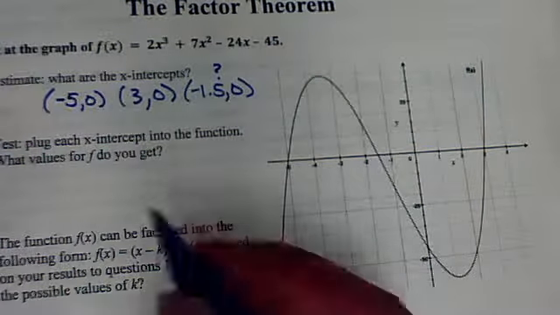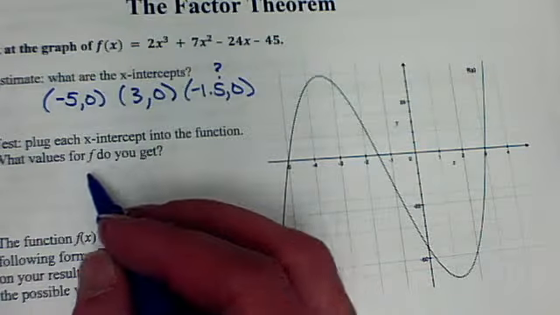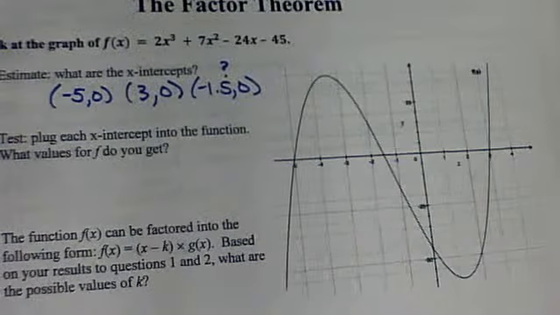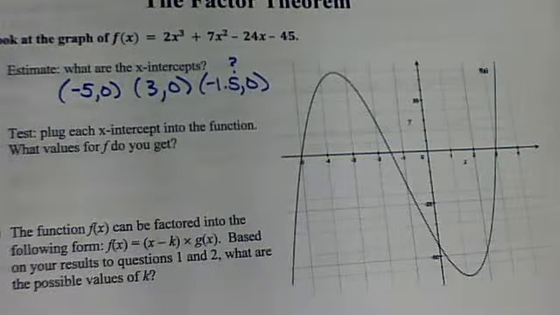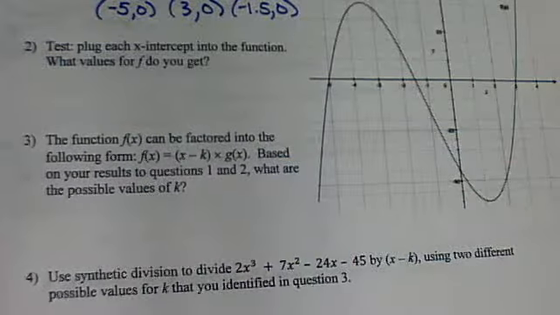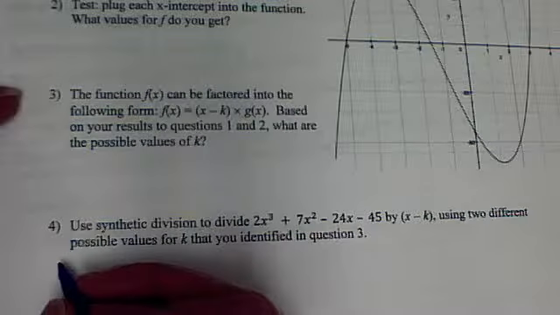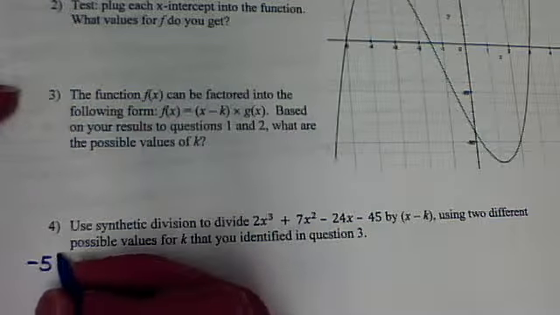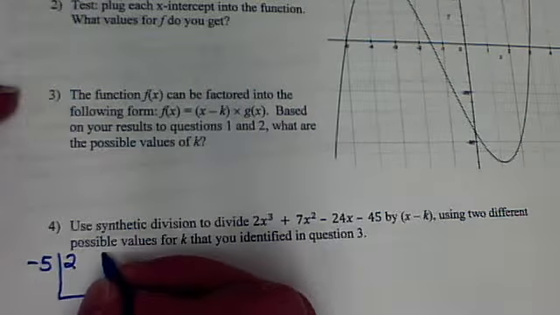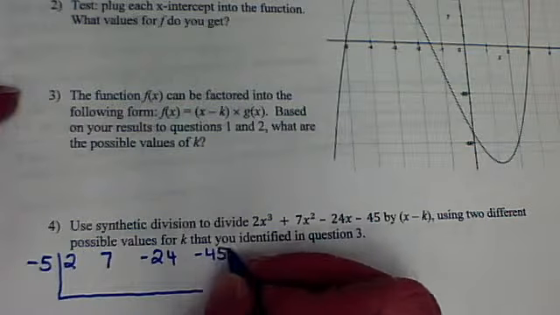Now, we can plug in each one into the function and see what values we get for f. Now remember, there was another way to test that. What we could do is plug those in using synthetic division. So let's try that. If I try -5, let's see, we've got 2, 7, -24, and -45.